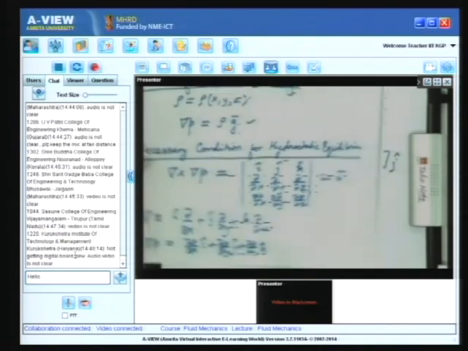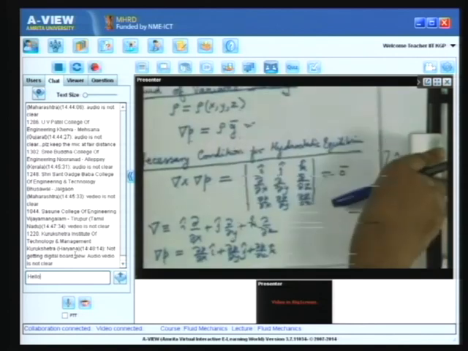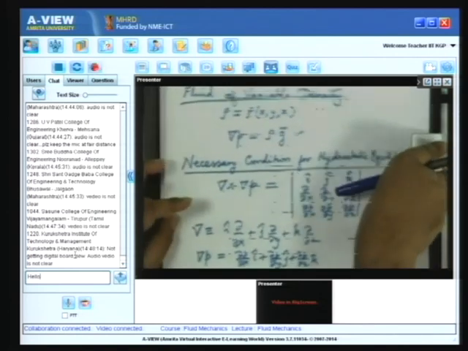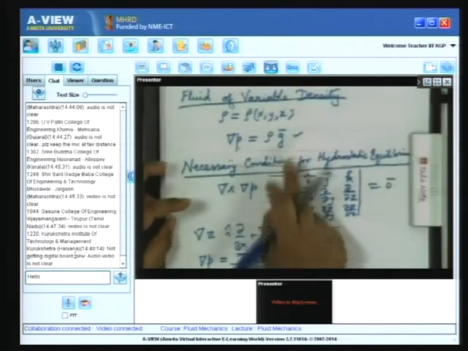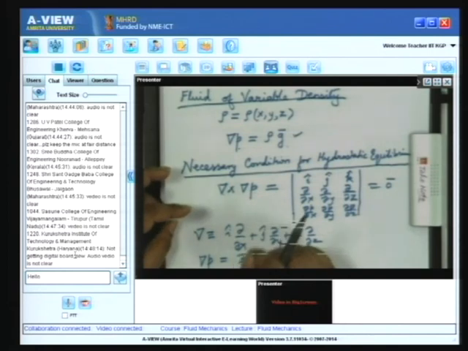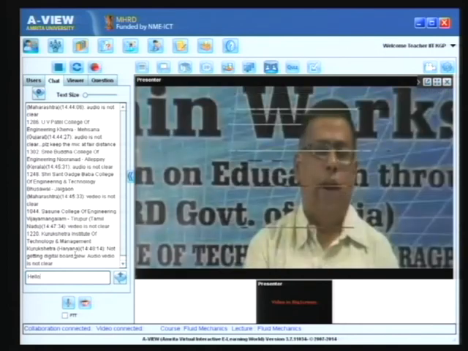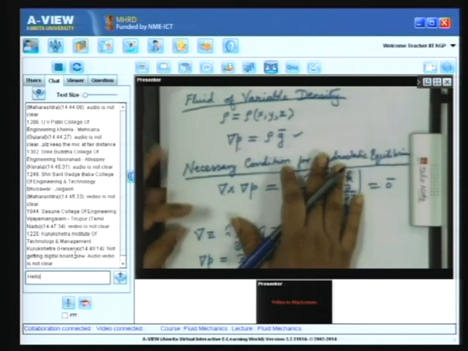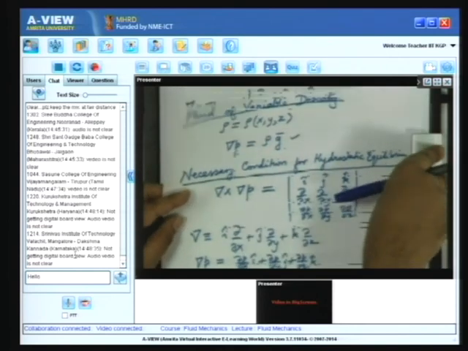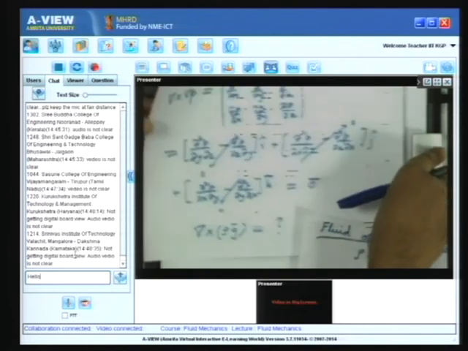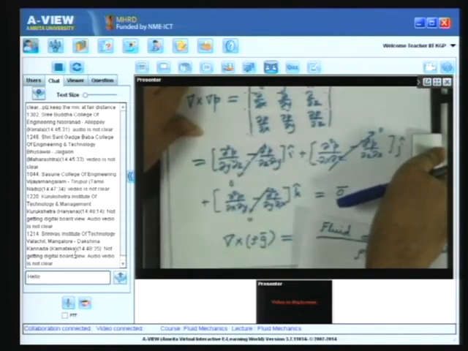Now, if curl of rho g is not 0, then there is a contradiction in the sense that when you take the curl of this equation, the curl of the left hand side is 0, but the curl of the right hand side is non 0. So, that means that hydrostatic equilibrium does not exist for such a case. A fluid can be at rest only if curl of rho g is 0.